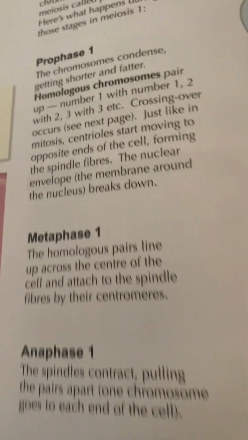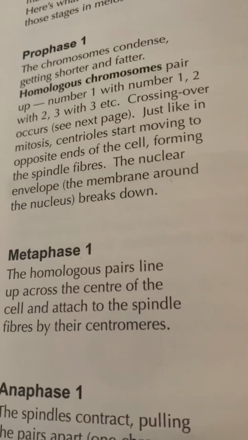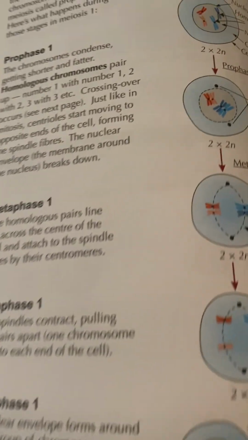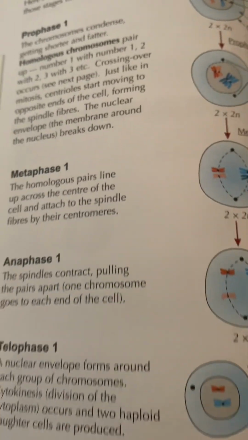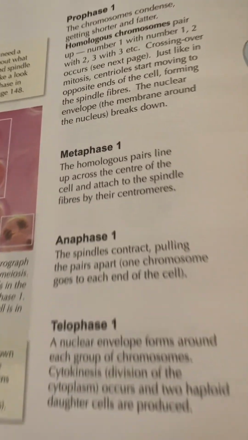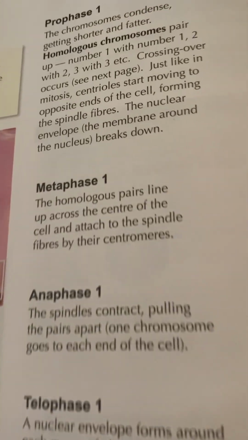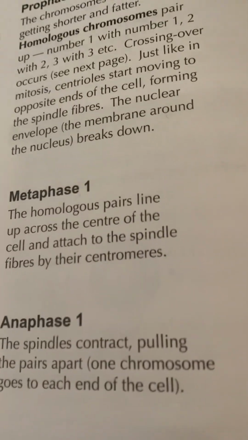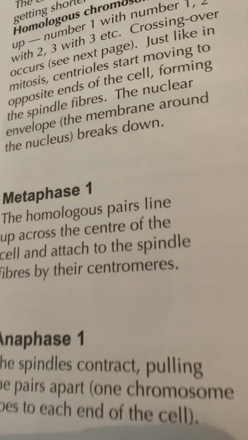So during prophase 1 of meiosis 1, homologous pairs of chromosomes come together and pair up. The chromatids twist around each other and bits of chromatids swap over.